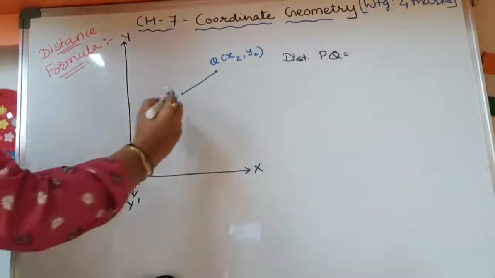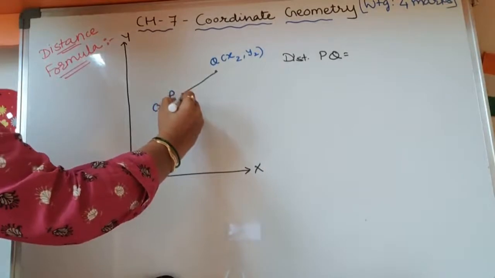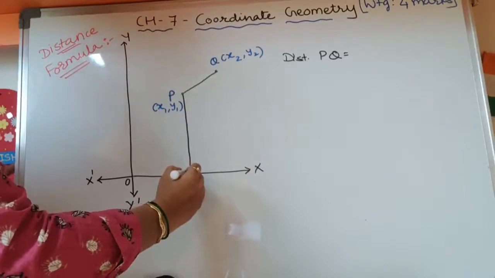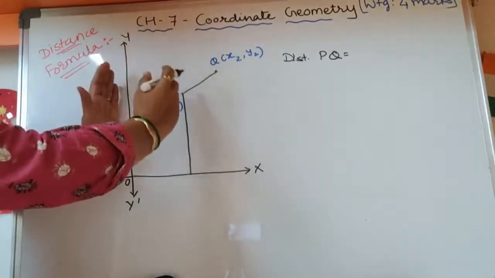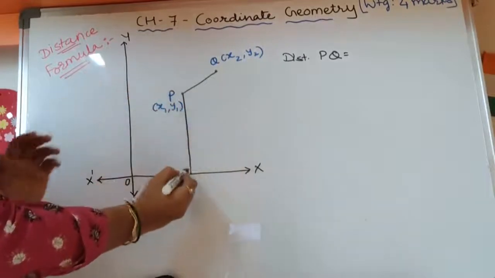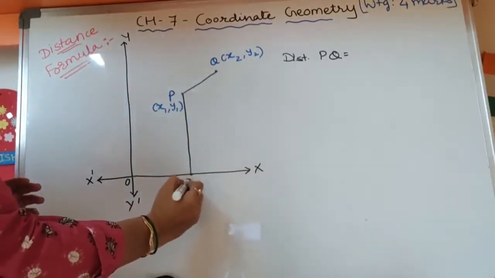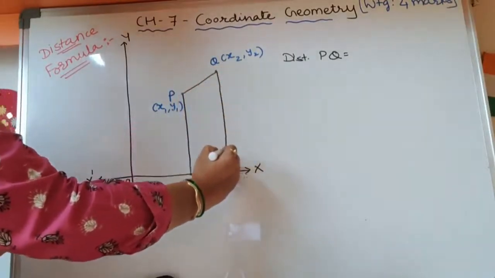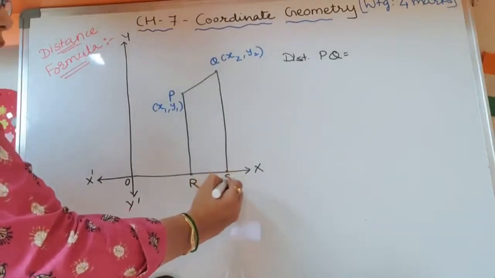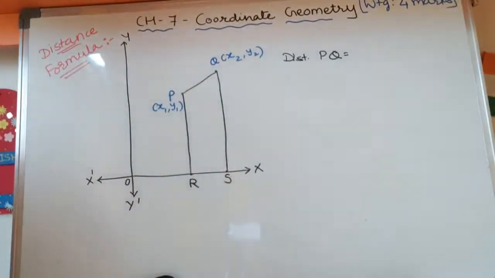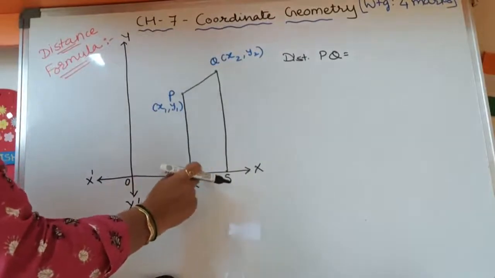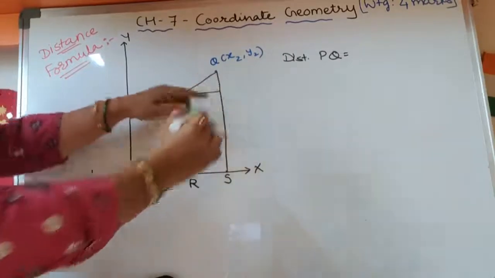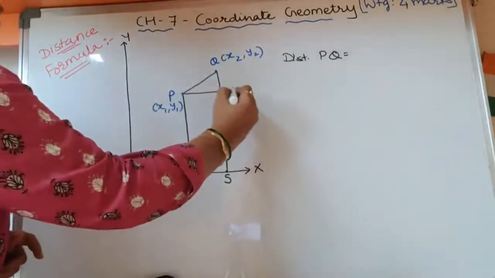For that we first have to draw a perpendicular line towards the x-axis, a line parallel to the y-axis, which intersects the x-axis at a point given the name R. Similarly, again draw a perpendicular line and it will intersect the x-axis at point S. Now, as these are parallel lines, we draw a line from P, and it will intersect QS at point T.